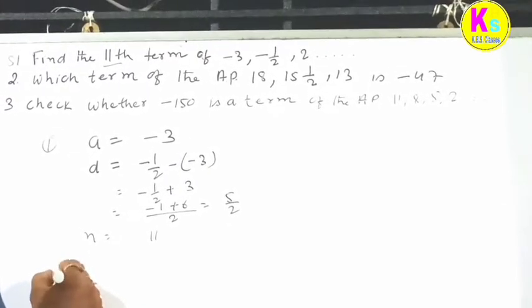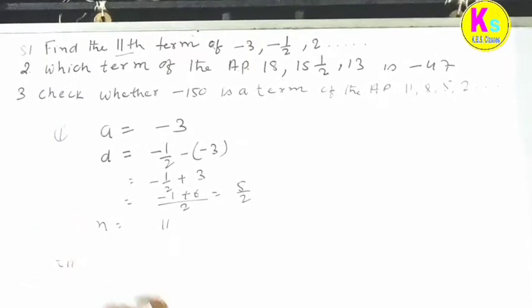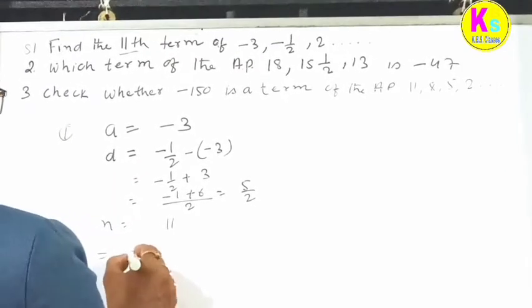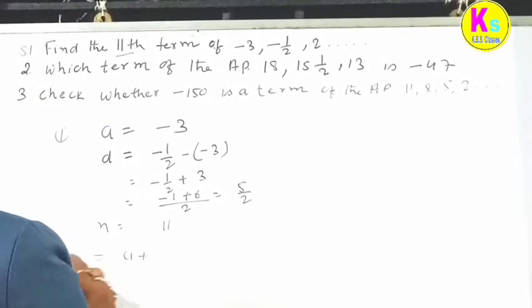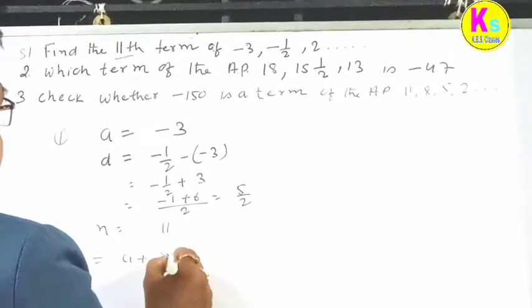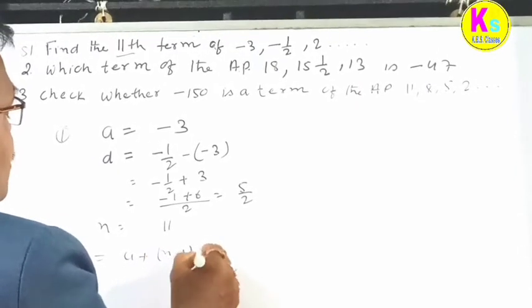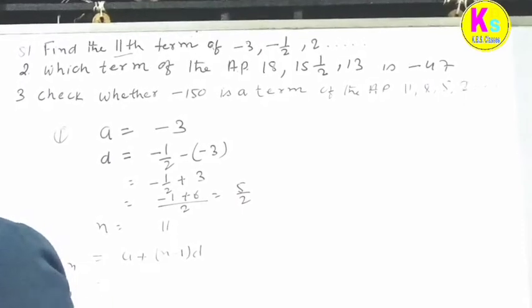Tn means T11, the 11th term, is equal to a plus (n minus 1) into d. Write the formula first.